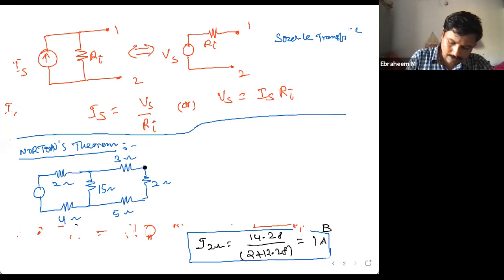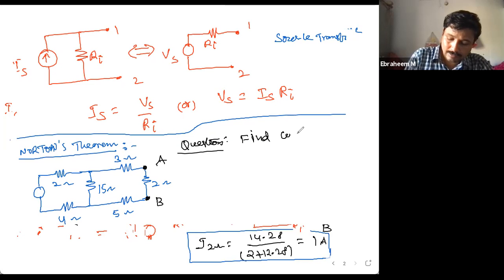The terminals are A and B. The question is: find the current through RL using Norton's theorem.